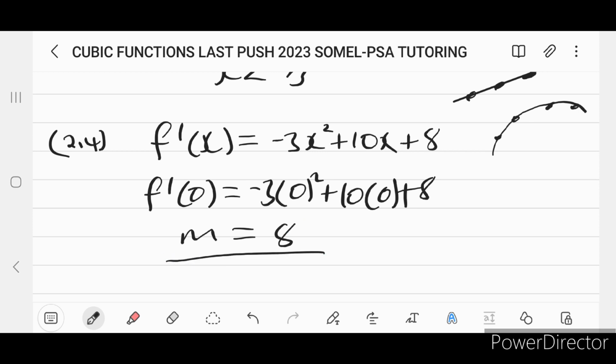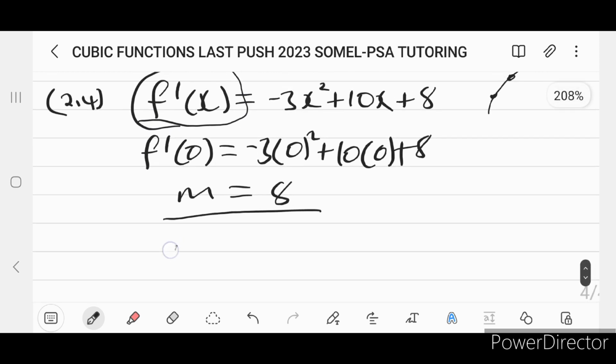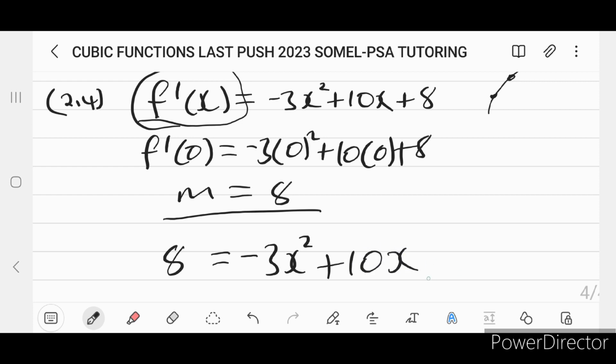So there are 2 points on this function where the gradient is 8. But for me to find those two x values, I must substitute 8 in place of the gradient so that I can find those two other points.